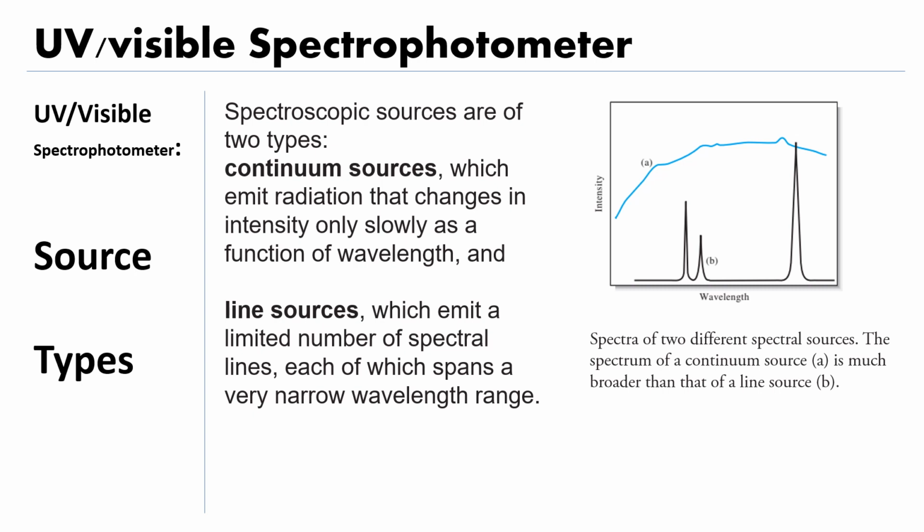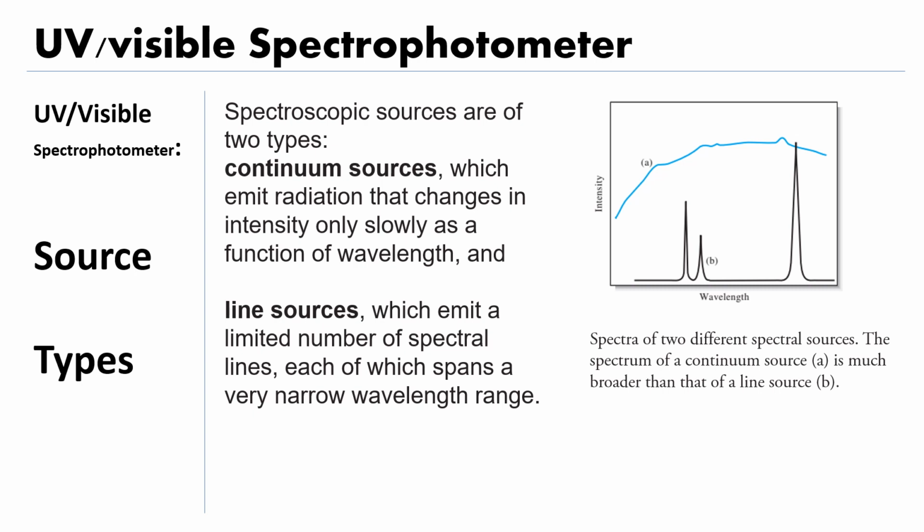Another type of spectroscopic light source is called line sources, which emit a limited number of spectral lines, each of which spans a very narrow wavelength range. In figure B, you can see the line source.